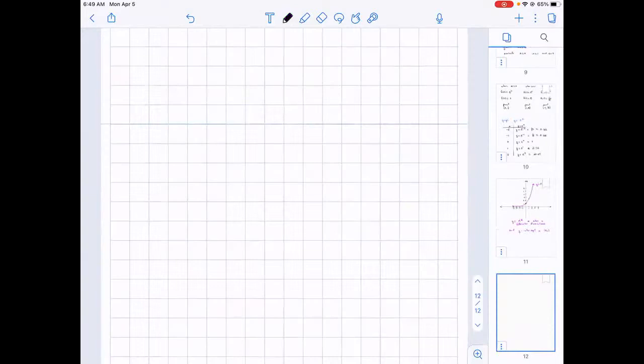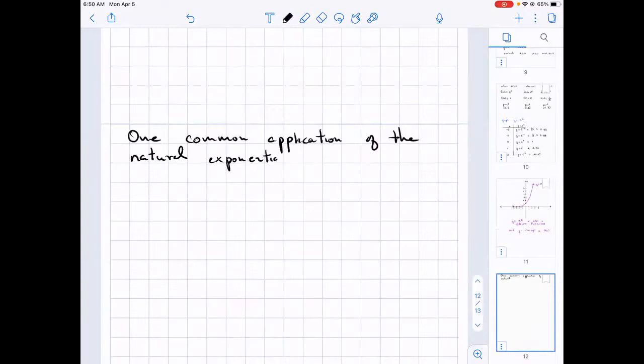So one common application problem of the natural logarithm or natural exponential function is in business with interest-bearing accounts.